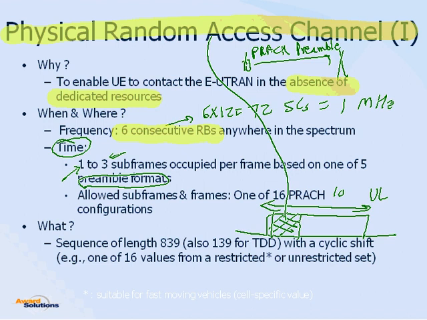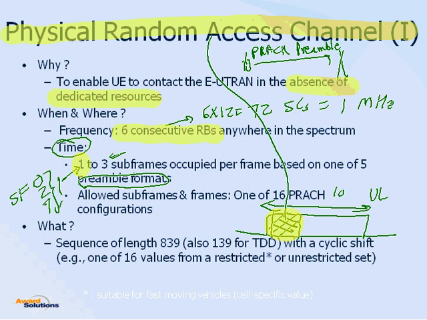And when we send, let's say, one preamble format says that it occupies 1 subframe. So those many resource blocks during 1 subframe. Now the question is, can you send that in subframe number 0 or subframe number 2 or 7?